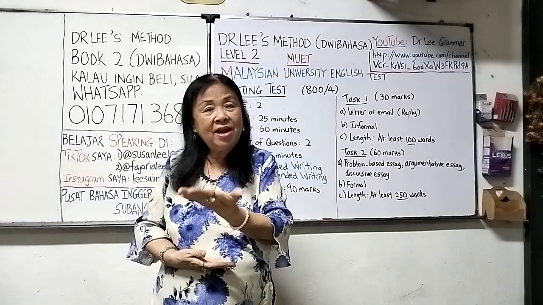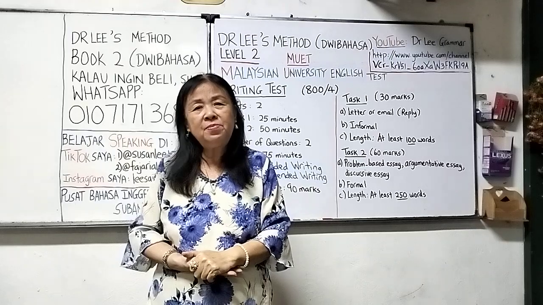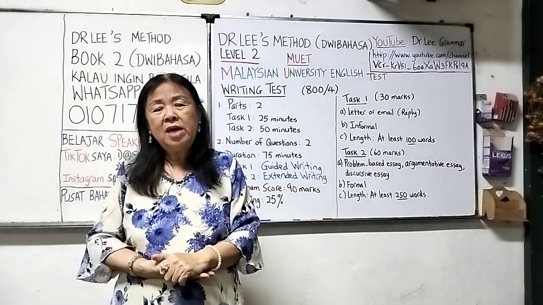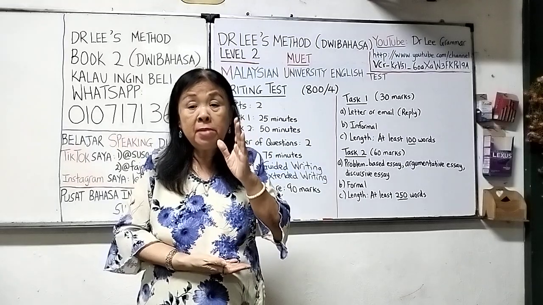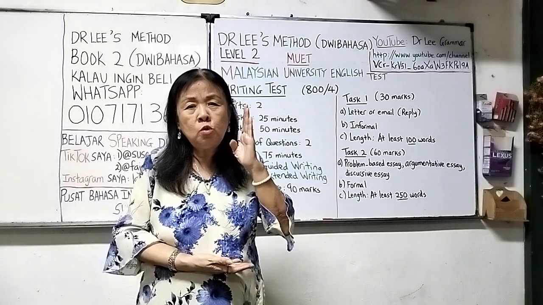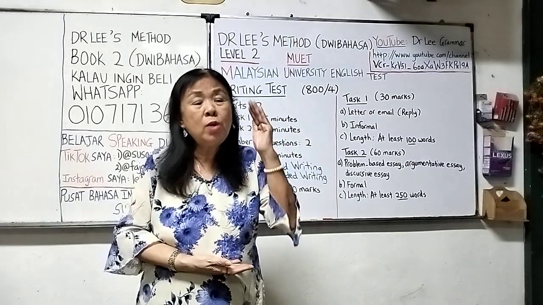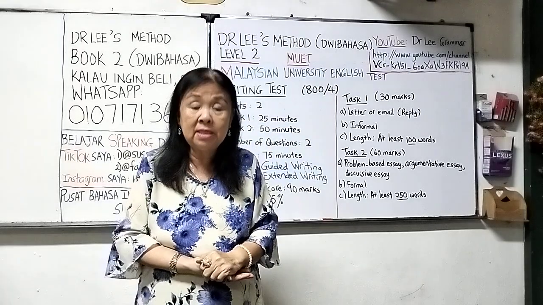Notes that are given, you can understand. It's very important. So that is why I would say that our government has done a very good job by making sure that you know your English well. You have the standard before you enter university.